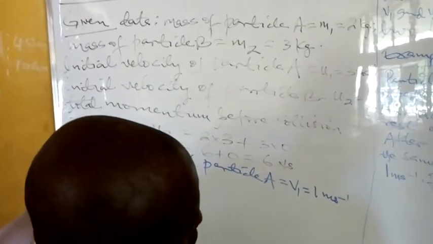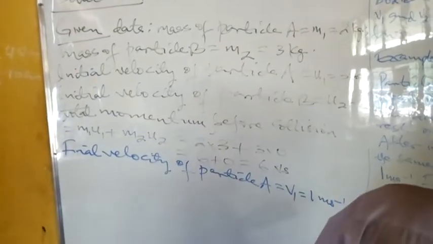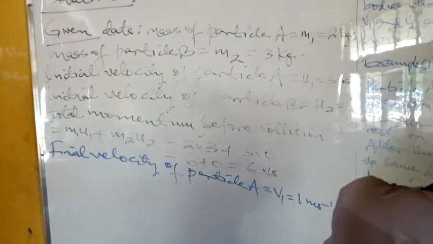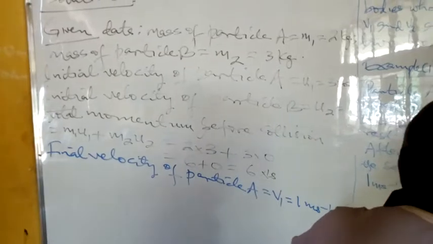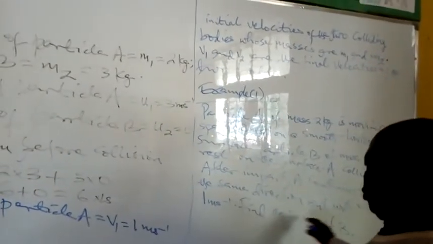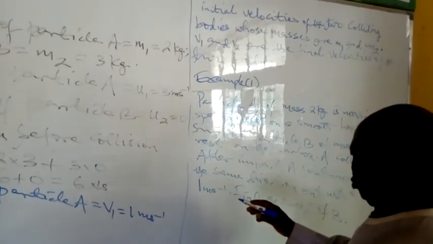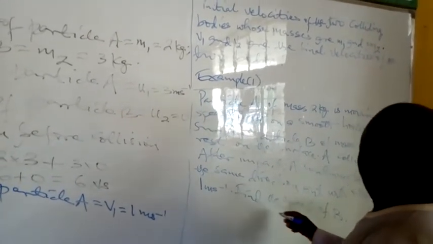Final velocity of particle B. We don't know the final velocity of B; it is what we're looking for.